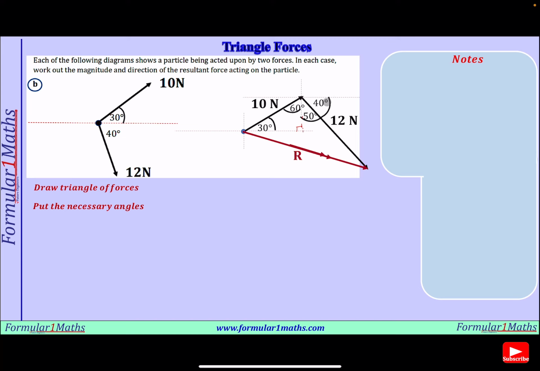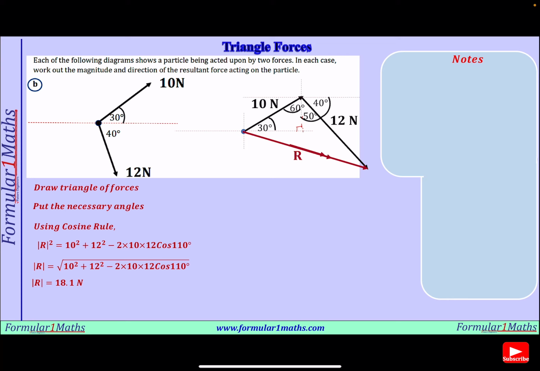So if that's 40, then that must be 50. So I get a total angle of 110. Then I'm going to use my cosine rule. That will be 10 squared plus 12 squared minus 2 times 10 times 12 cos 110. Evaluate that. You get 18.1 newtons, as we had before when we were using resolution of forces.